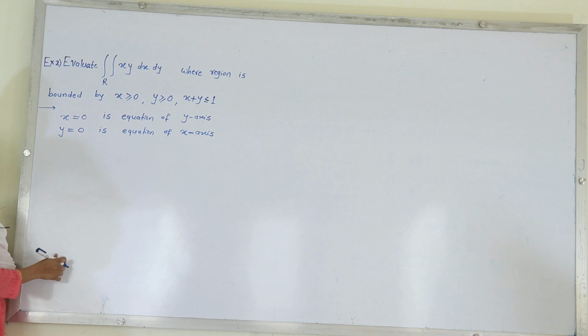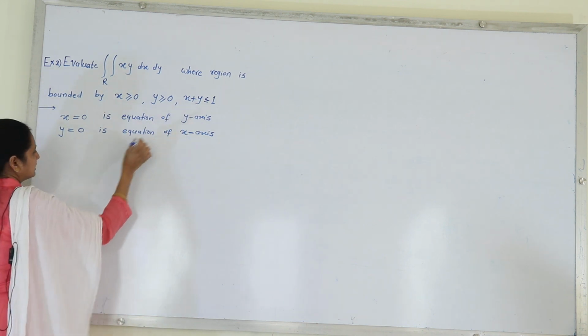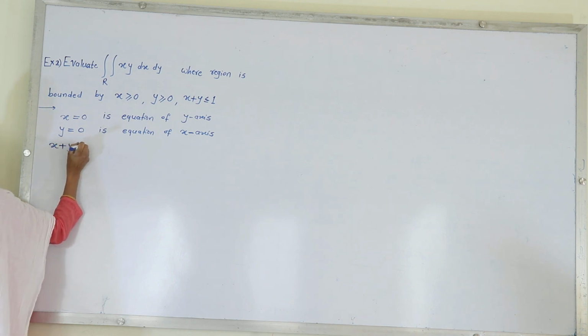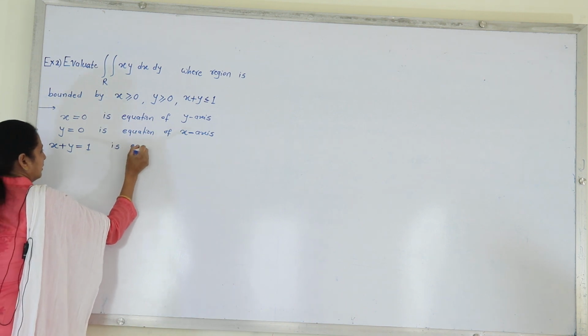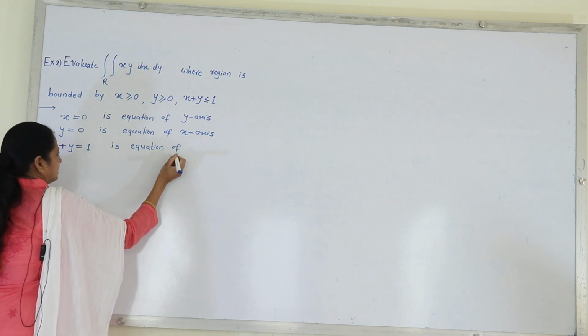These are standard equations. Then x plus y less than or equal to 1. For this, x plus y equal to 1 is the equation of a straight line.